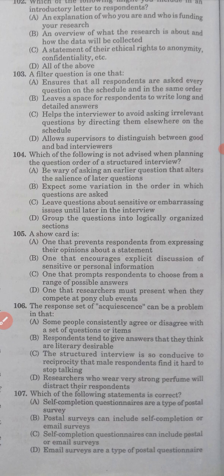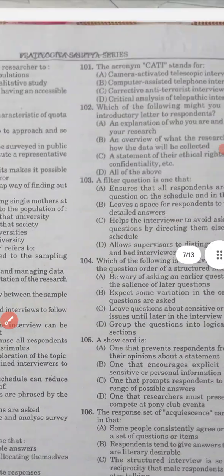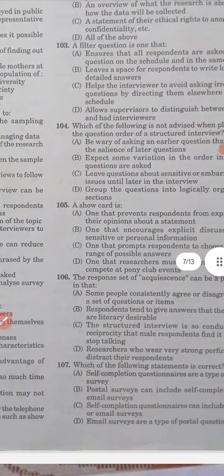Option C. Leave questions about sensitive or embarrassing issues until later in the interview. And option D. Group the questions into logically organized sections. So the correct answer of this question is option B.